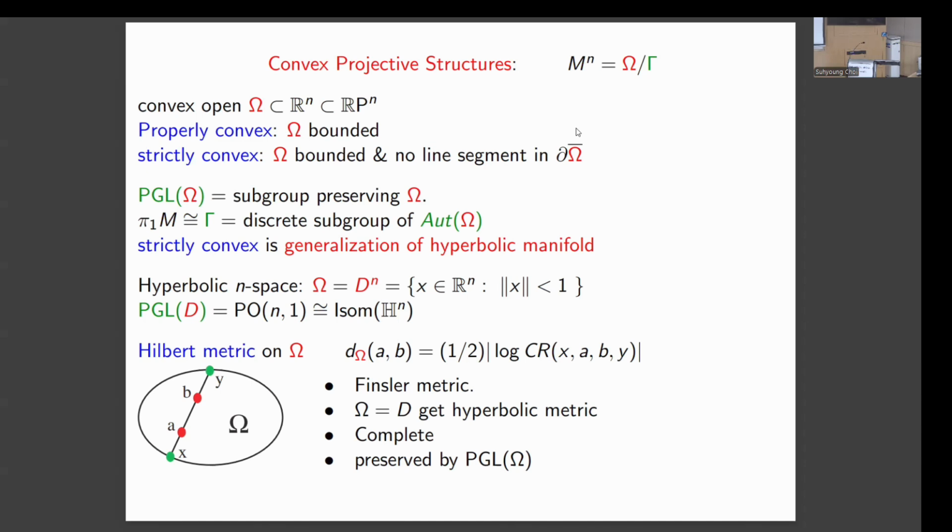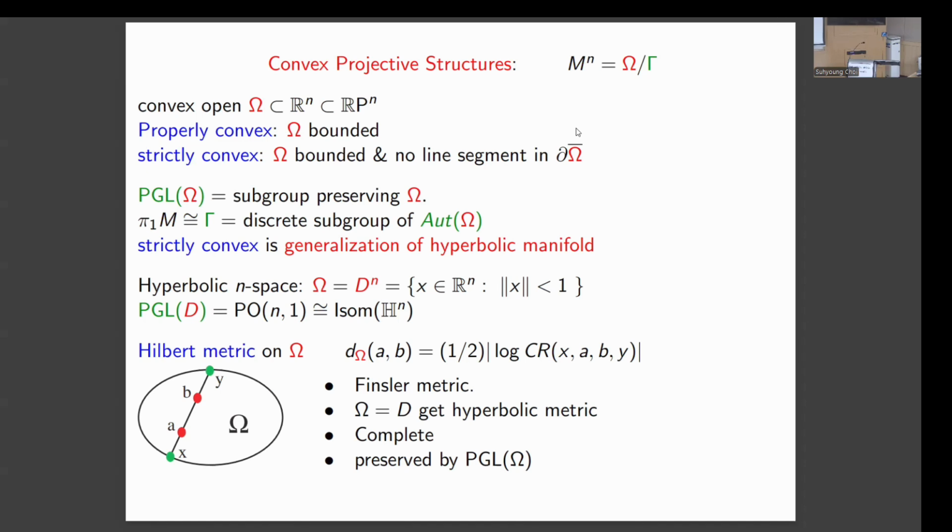And it's actually going to be, well, if I remove a hyperplane from projective space, what I get left is an affine patch. I can identify it with Euclidean space. And so if I take a convex open set in Euclidean space that's bounded, that means that omega is called a properly convex set.